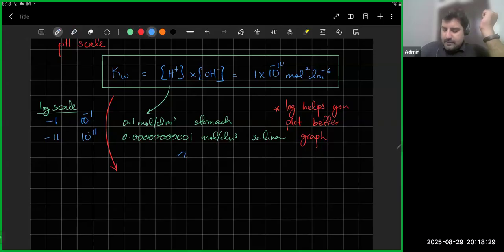Here, for example, you can plot 10 to the power 25 and 10 power minus 25 on the same piece of graph paper. Because in log, this is going to be 25 and the other one would be minus 25. So that could be easily done. So that's the good thing about log, that you can plot very big, very small values on the same graph paper. Okay? Anyway, so this one is turned into the log scale. So log is taken on both sides.